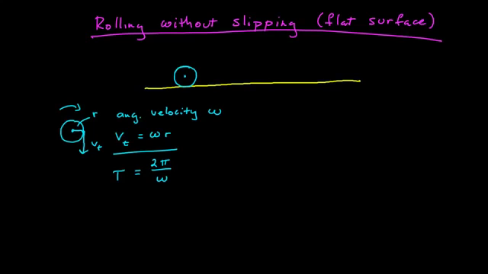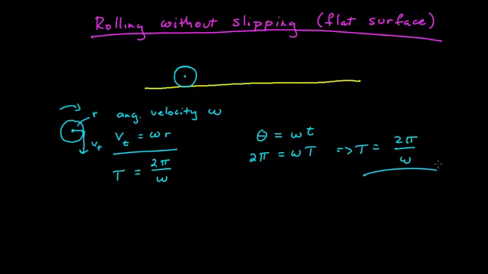If you recall where that came from, for constant rotational motion, the angular displacement is given by the angular velocity times time. For one complete rotation, the angle goes through 2 pi, and the time for one complete rotation is called the period. So the period is 2 pi over omega.